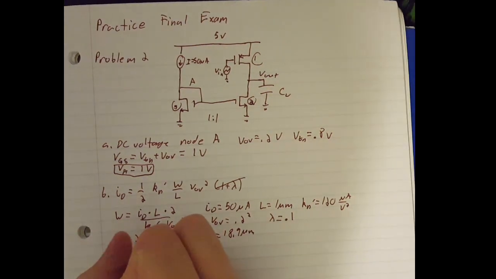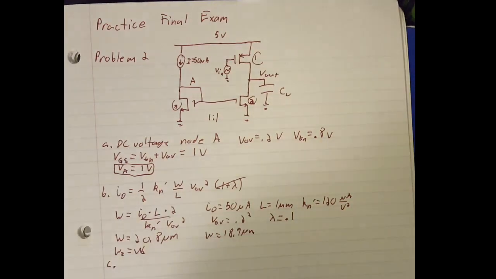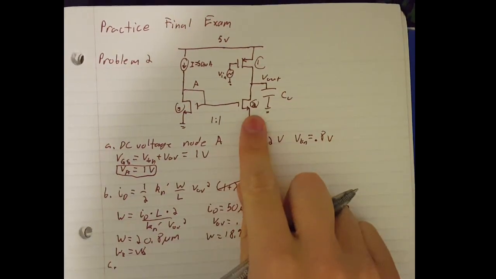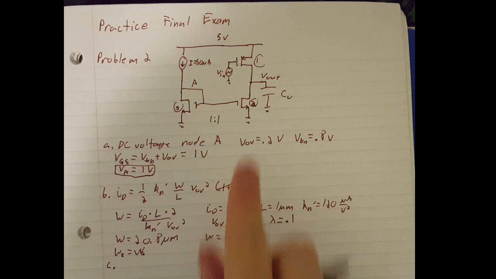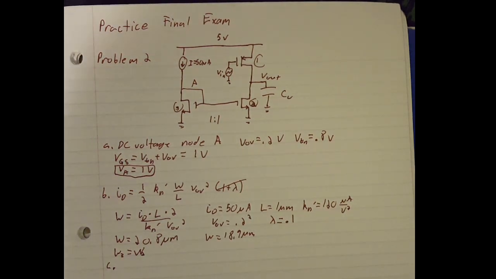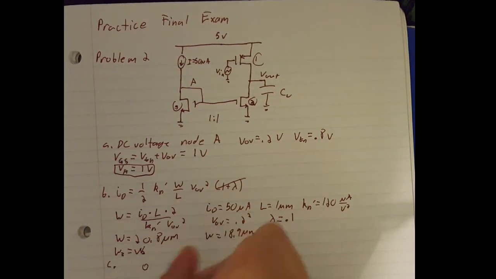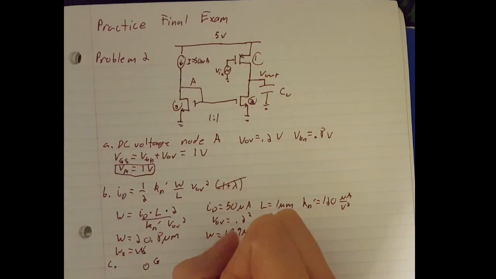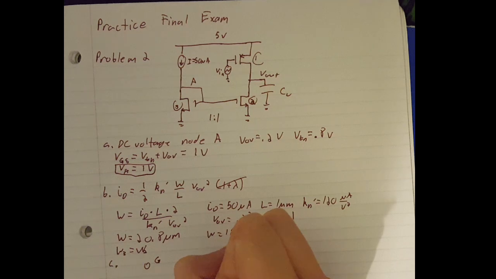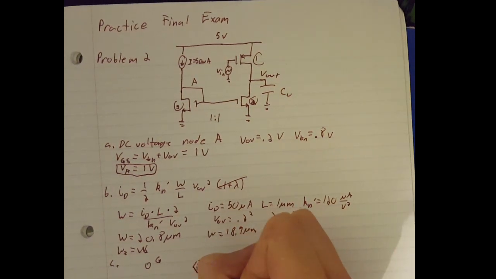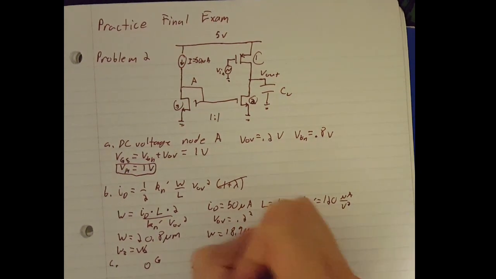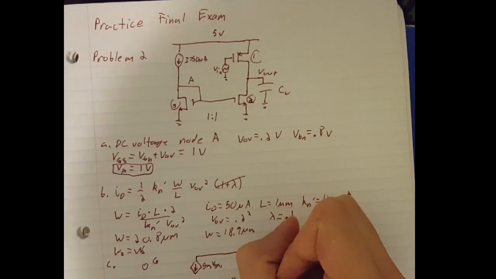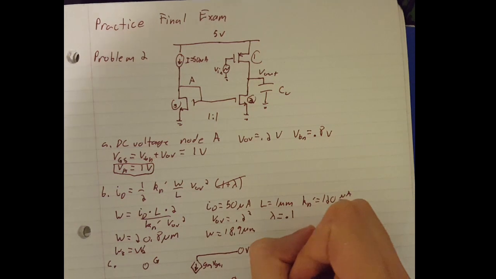Now for question C, it wants us to draw the small signal circuit analysis of this, just using this current mirror as a resistive load. So we're going to have our gate, our source, our GM1 VGS1. This is our V out here.